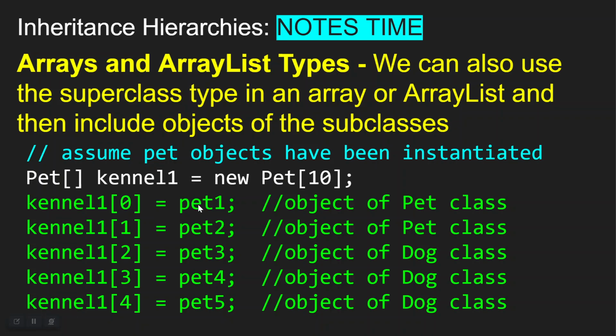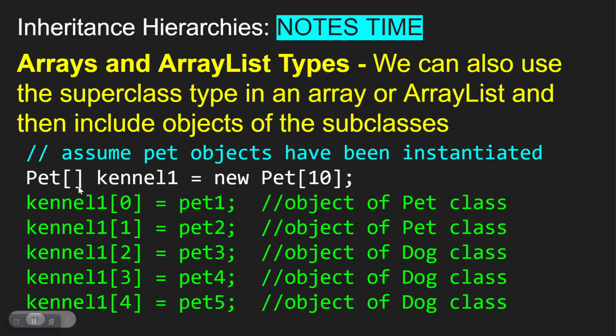Then we assign objects of the Pet class to these kennel spaces. Pet1 could be an object of the Pet class, pet2 could be an object of the Pet class, but then I could make pets 3, 4, and 5 objects of the Dog class. And again, because Dog is a subclass of the Pet type, this is still going to work.